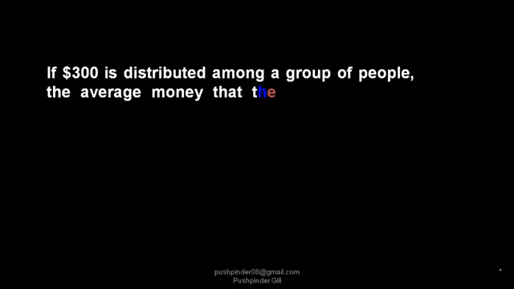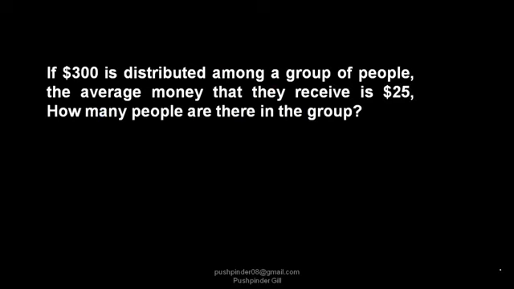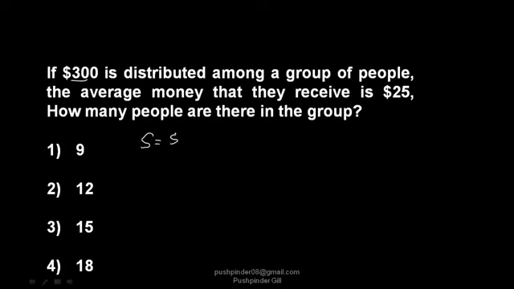Let's look at another easy question so that it's completely clear to you guys. If $300 is distributed among a group of people, the average money that they receive is 25. How many people are there in the group? The sum of money to be distributed is $300, and we don't know the number of people, that's what we have to find out.